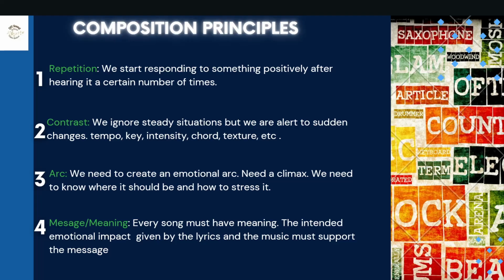So if you're looking at lyrics, make sure that the lyrics have an emotional impact, and that must be attached to the music that the lyrics are on top of. Meaning that if the lyrics stress something very emotional, obviously make sure that the musical meaning for those particular lyrics has exactly the same emotional impact.